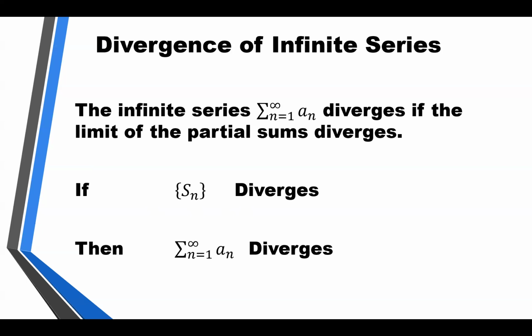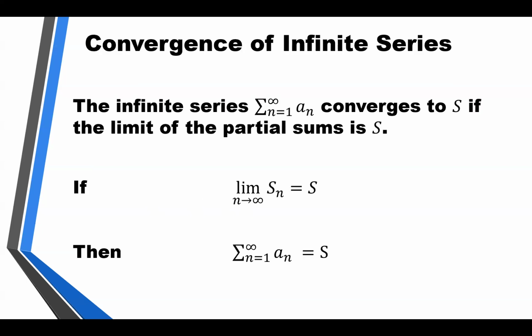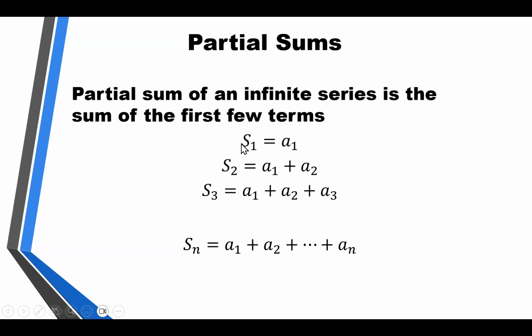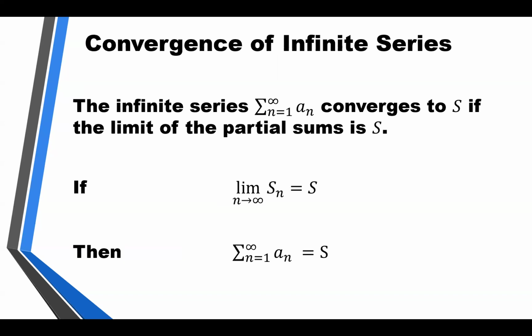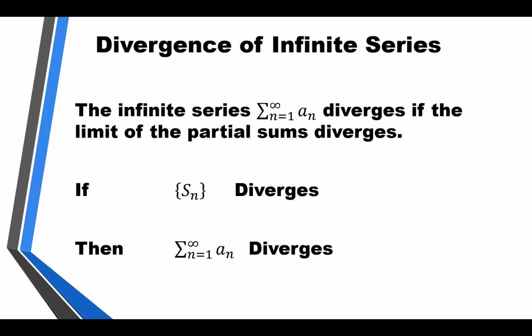And the way we calculate if it adds up to a real number is we create a sequence of partial sums and we see if that sequence converges to some real number. If that sequence of partial sums diverges, then we say the infinite series diverges. So converges when the limit is equal to some number, diverges if the partial sums diverge as a sequence.